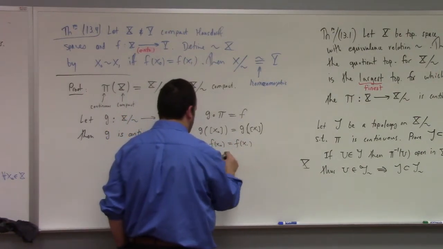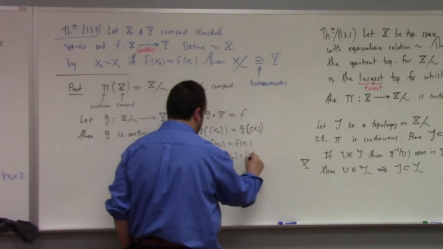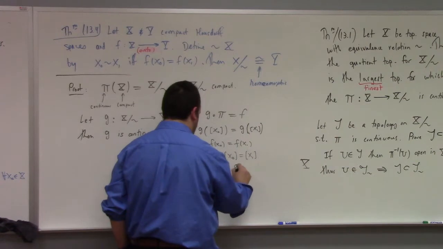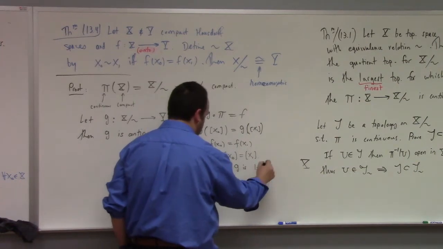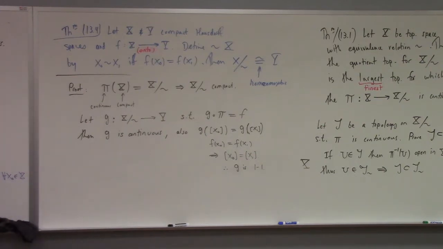Right, which means, so therefore G is 1 to 1. So let us count our chickens. We have G doing what? It is continuous, and it is injective, right? It is onto by construction, right?